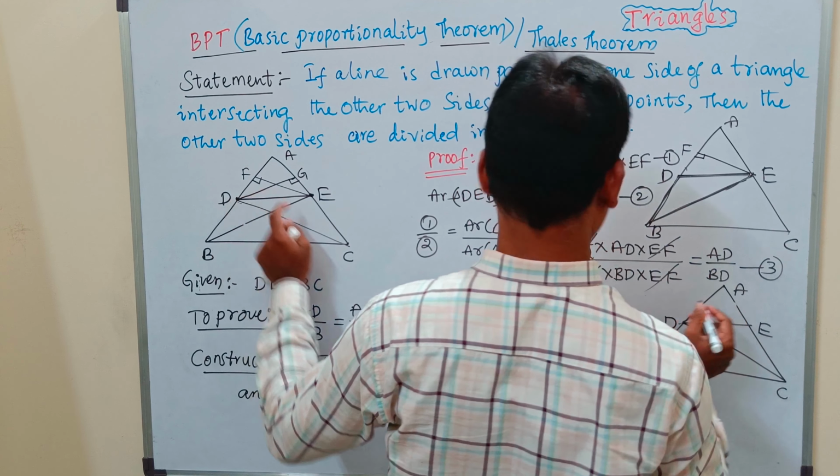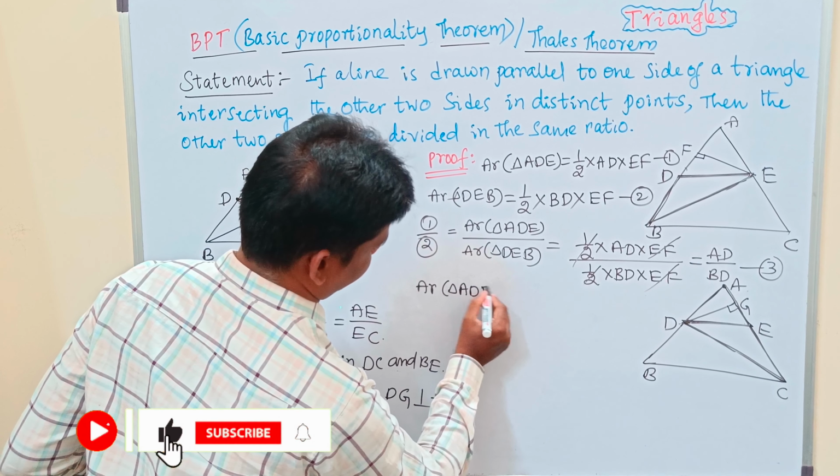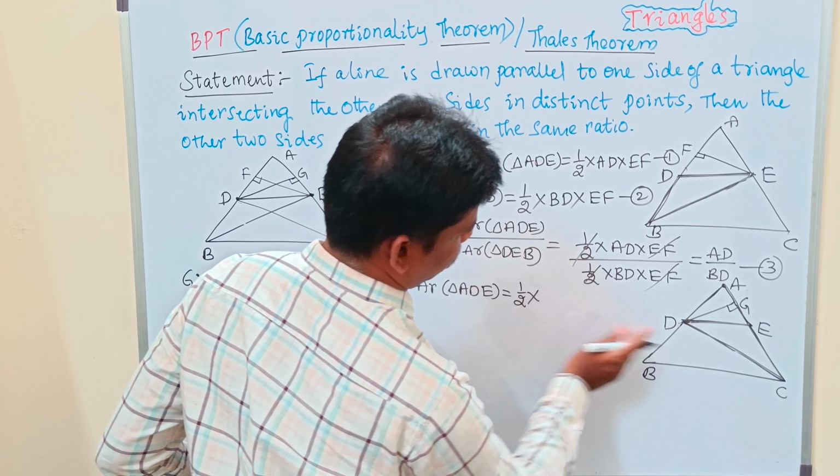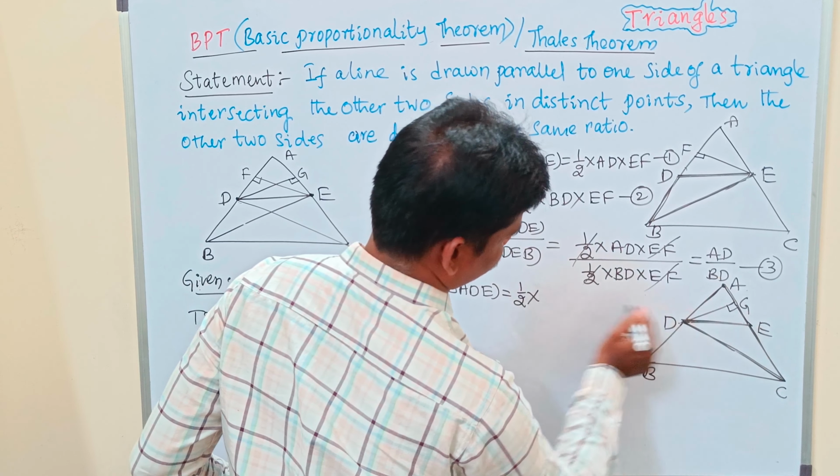So you have to find out the area of this triangle ADE and this triangle DEC. Okay. So area of triangle ADE is equal to half into, here the base is AE into BC. This is equation number 4.